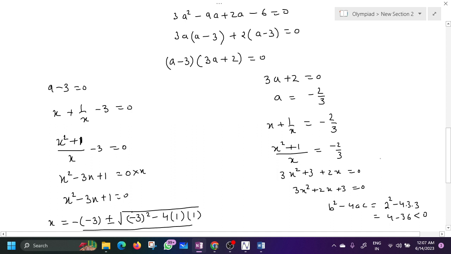So the equation has no real roots from here. It has no real roots.